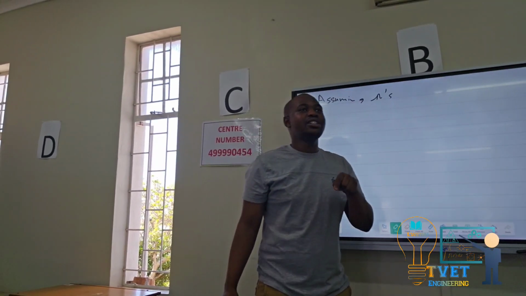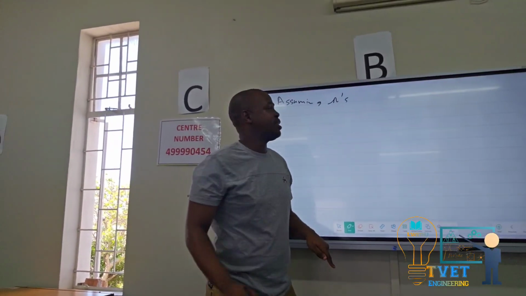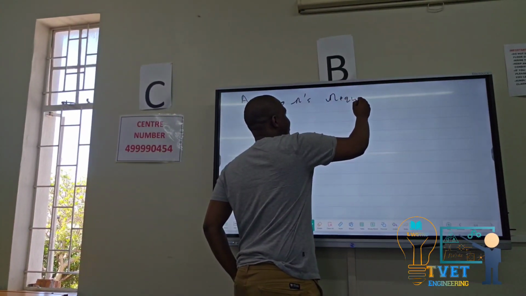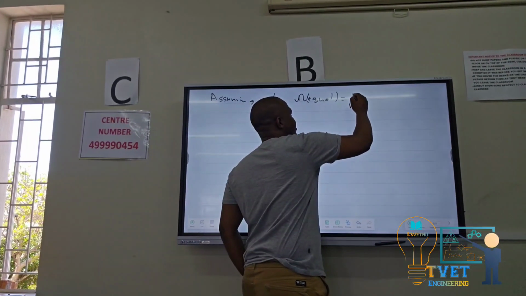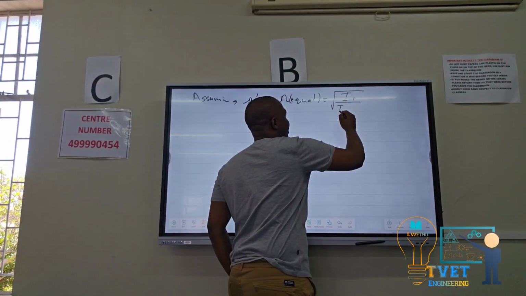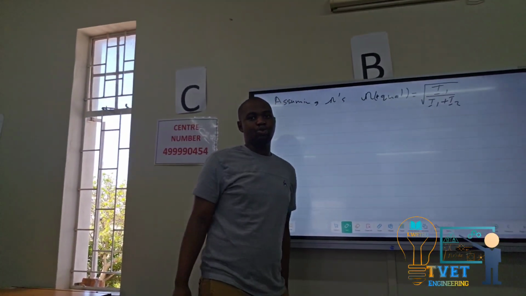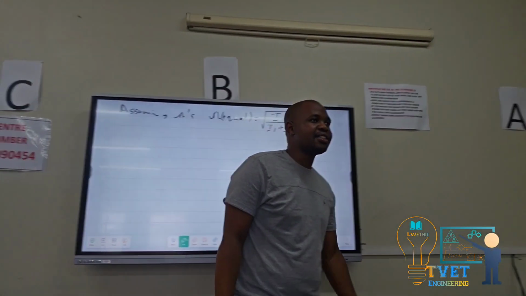By that question, assuming that the efficiencies of both machines are equal, the efficiency is equal to I1 over I1 plus I2. And the question is worth 2 marks, 3 marks.